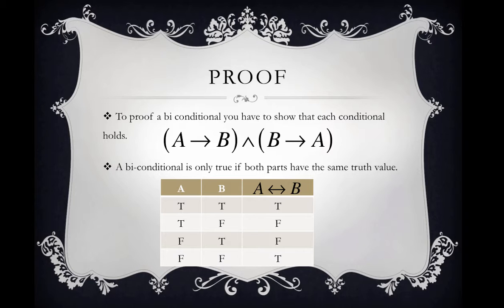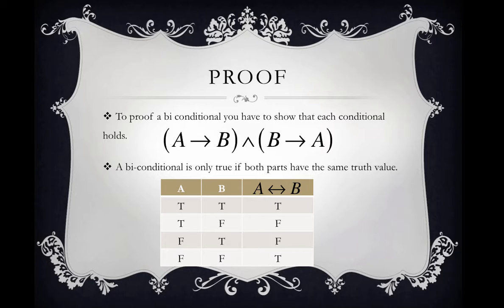In the first row, both A and B are true, which means in both parts of the AND, you have true implying true, which turns out true. And if both parts of the AND are true, then the AND runs true. In the next 2 rows, you see one is true while the other is false. This means that one conditional will be true, namely the one that is false implies true.